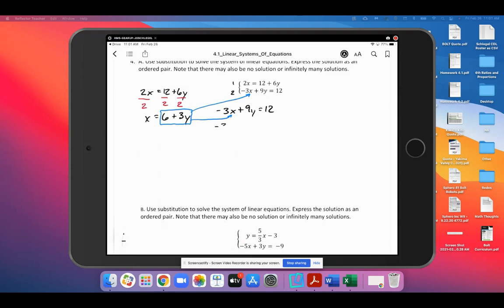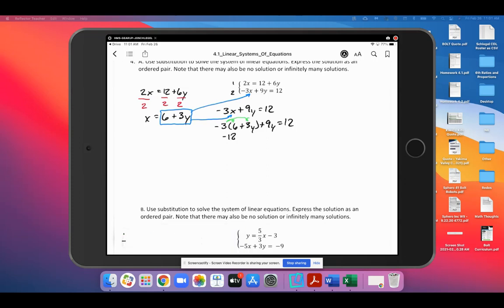So now I will have negative 3 times (6 plus 3y) plus 9y equals 12. And I'm just going to go through the process of solving this thing for y, now that the only variable that I have in this equation is y.